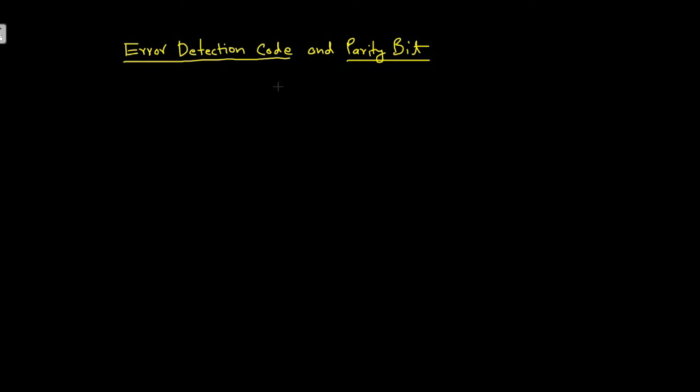So here we first talk about parity bit. This is the simplest technique for detecting error. In this we add an extra bit, called a parity bit, to each word that is to be transmitted. So the parity bit is of two types: odd parity or even parity.